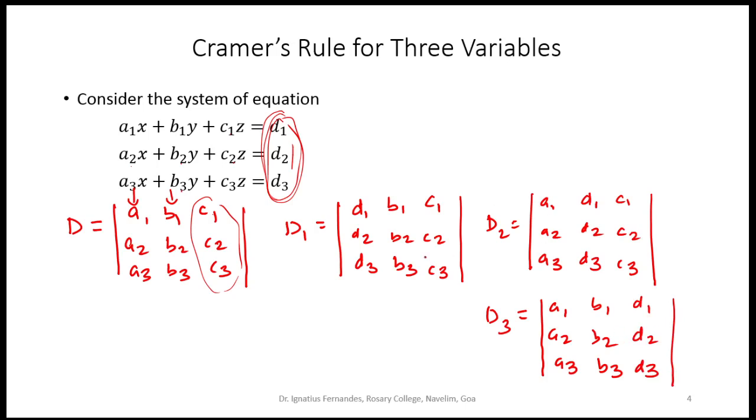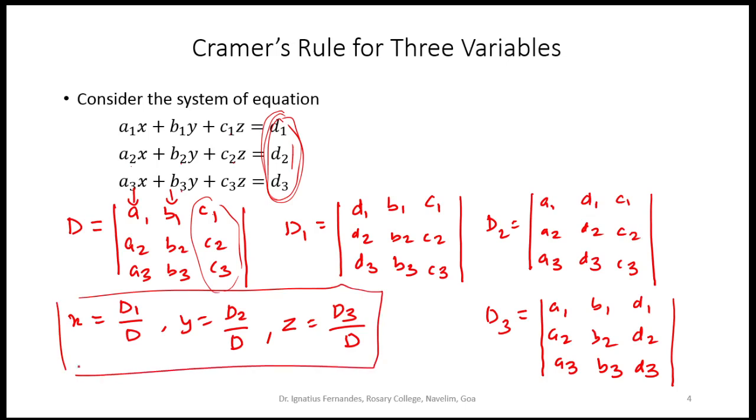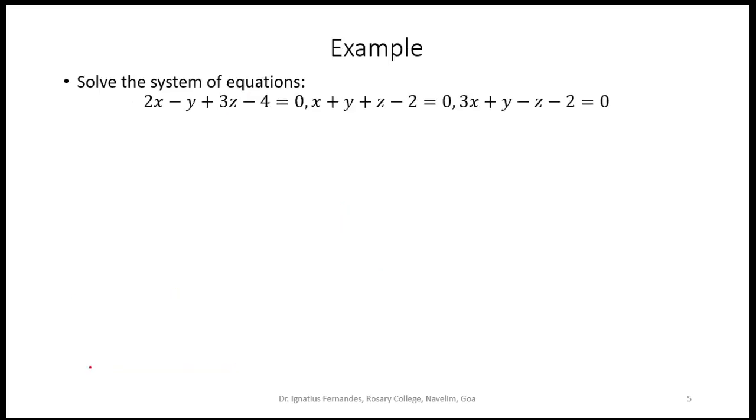So once we compute the values of each of these determinants, we can directly write down the values of x, y and z as x is equal to d1 upon d, y is equal to d2 upon d and z is equal to d3 upon d. So this is how Cramer's rule is used in finding the solutions of 3 equations in 3 variables. All that I have to do is compute the values of each of these determinants and substitute in this form.